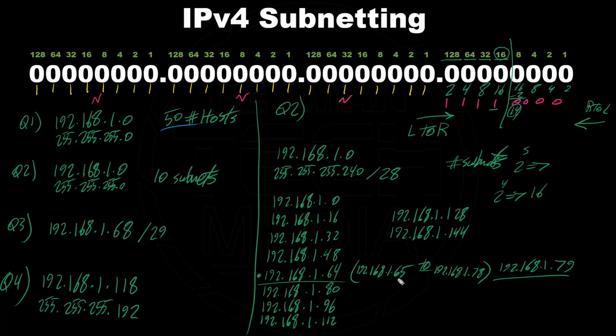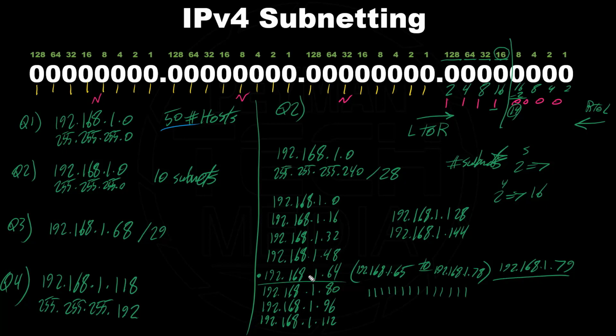So if we count 65, 66, 67, up to 77, and 78, these are 14 available IP addresses, which we did find out using the method we talked about earlier, going from right to left, starting with number 2: 2, 4, 8, 16 minus 2, 14. Why minus 2?